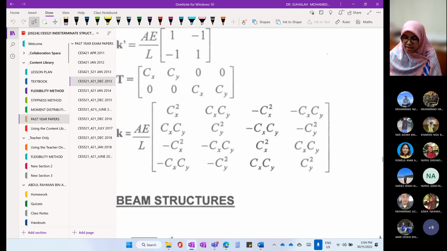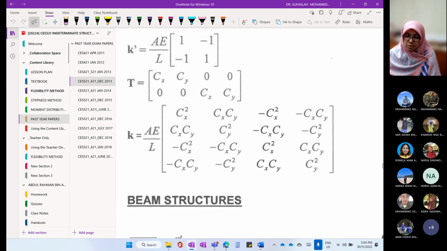This is the appendix for the truss. This is the K I mean, the member stiffness matrix or element stiffness matrix. It depends on A, E, and L, and Cx and Cy, which are determined based on the coordinates. In the new appendix, Cx and Cy are changed to lambda x and lambda y, because certain books use lambda and certain books use Cx and Cy.